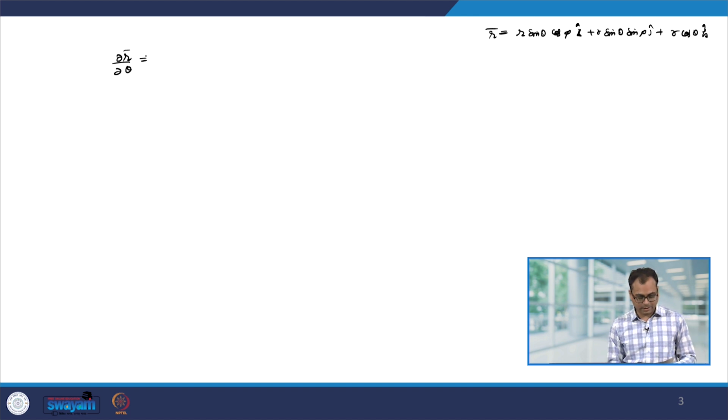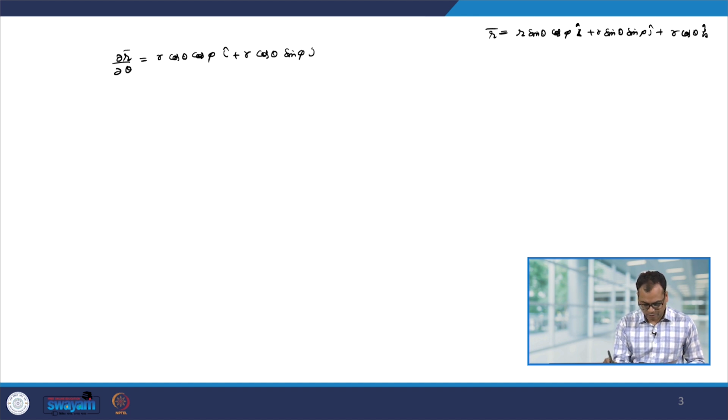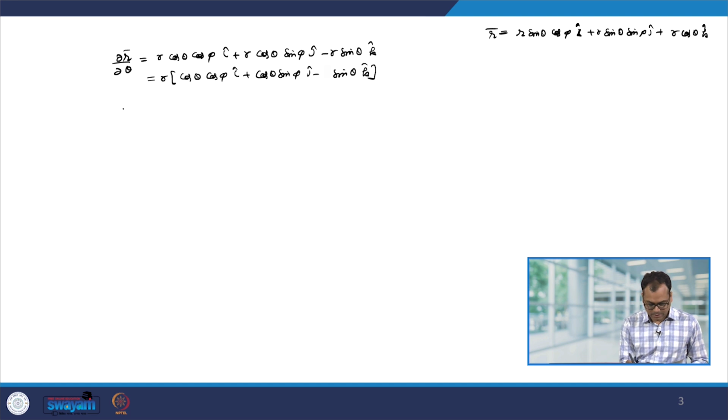It is r cos theta cos phi i plus r cos theta sin phi j minus r sin theta k. I can take r as a common factor. So, it is cos theta cos phi i plus cos theta sin phi j minus sin theta k, and you can see that the modulus of del r over del theta comes out to be r.